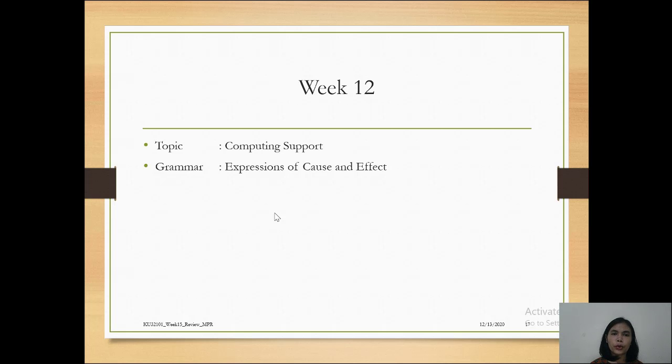Now, in week 12, our topic was about computing support. It's a slightly different topic from week 11, because in week 11 the topic was about computing support officer, and now the topic is about computing support. In week 11, we were talking about the if clause. In week 12, we are talking about the expressions of cause and effect.